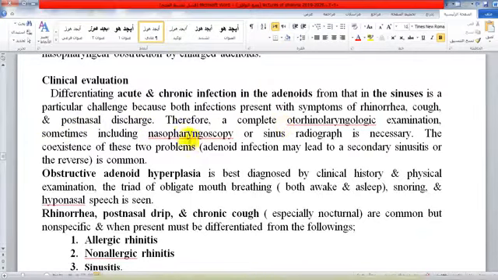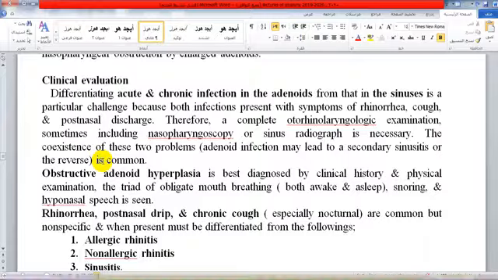sometimes including nasopharyngoscopy or sinus radiograph, is necessary. The coexistence of these two problems is common; adenoid infection may lead to a secondary sinusitis, or the reverse.